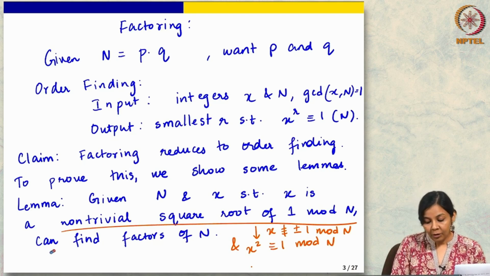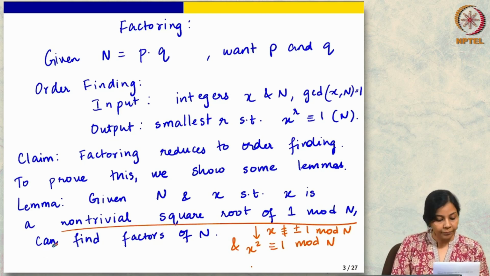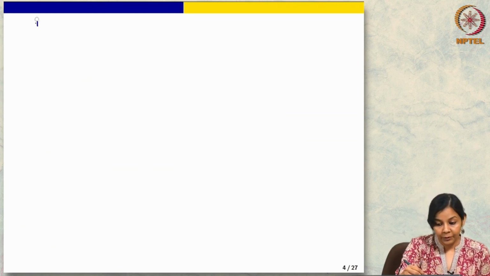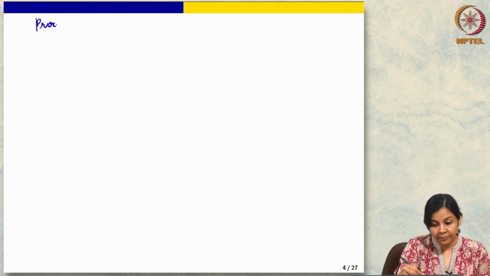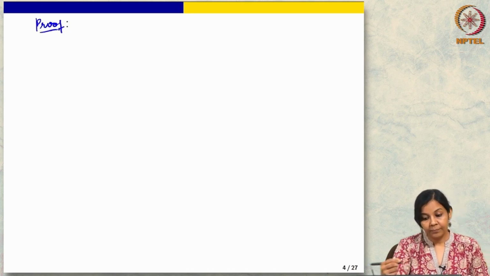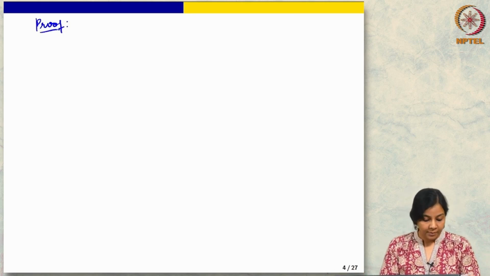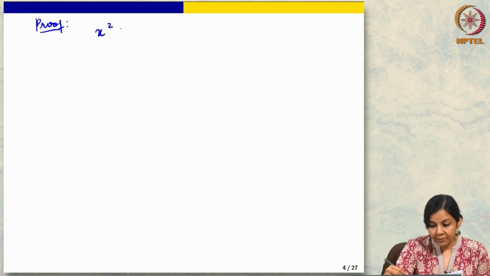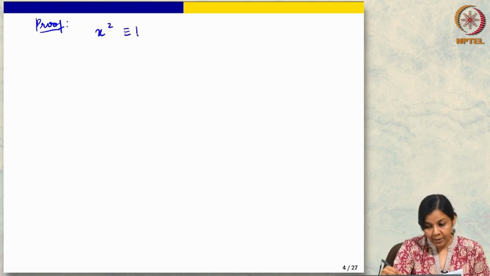Okay, good. So, let us prove this lemma. The proof is really easy. We have that x square is congruent to 1 mod n.